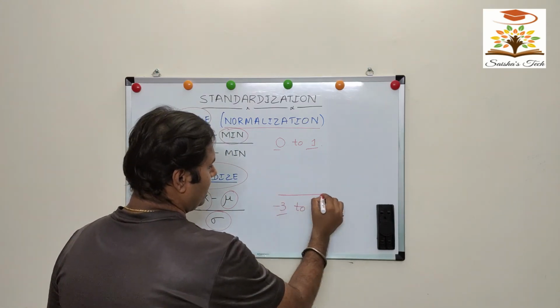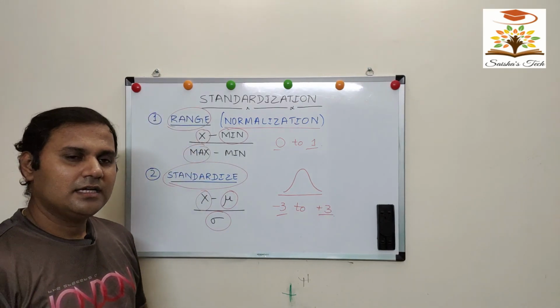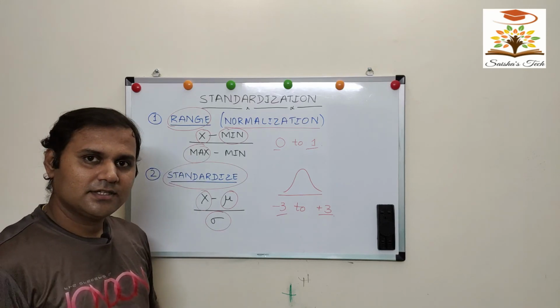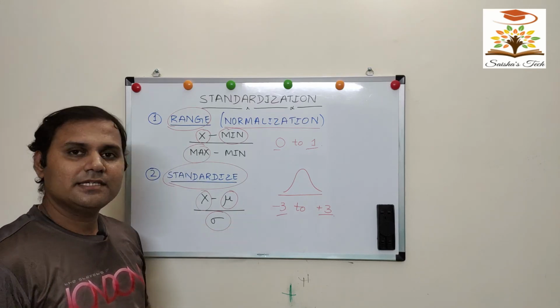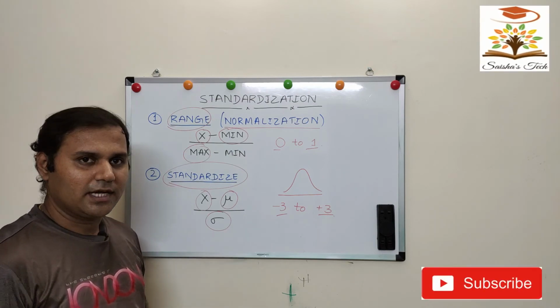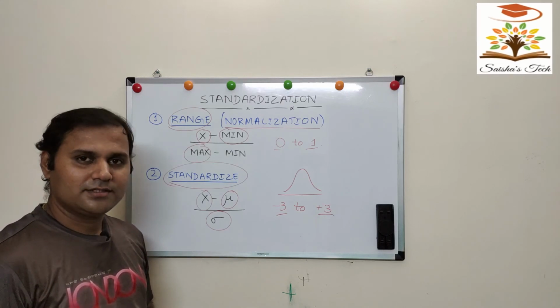That is a normal curve. The greatest advantage of standardized method over the range method is that here the effect of outliers is null. That is, there will be no effect of outliers, whereas in range method there will be an effect of outliers.